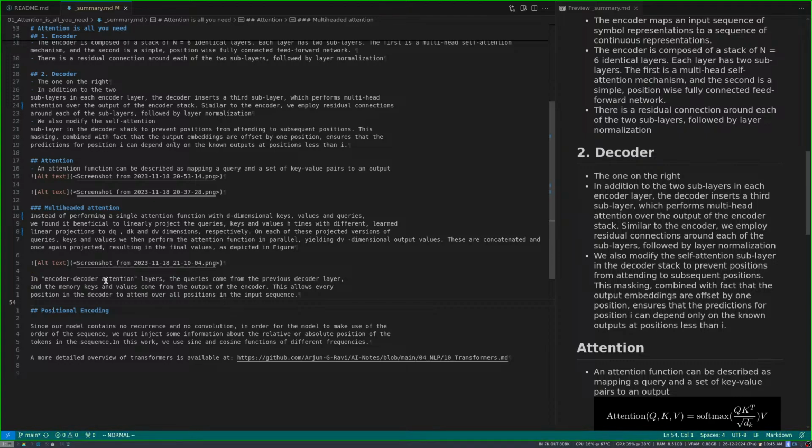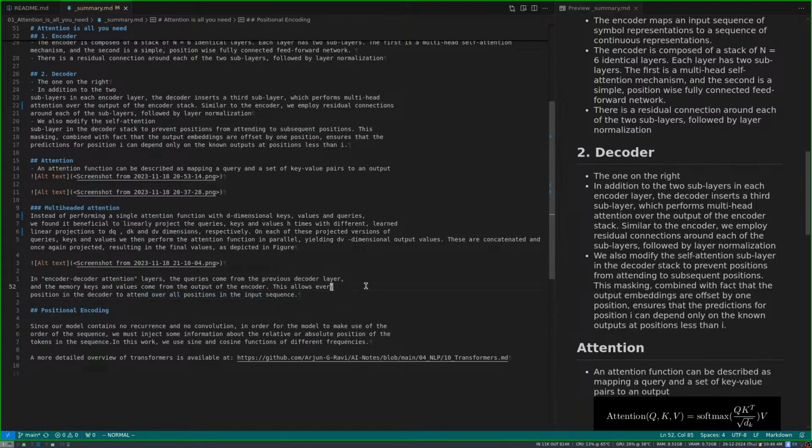The encoder-decoder attention layer: in encoder-decoder attention, the queries come from the previous decoder layer. The memory keys and values come from the output of the encoder. This allows every position in the decoder to attend over all positions in the input sequence.